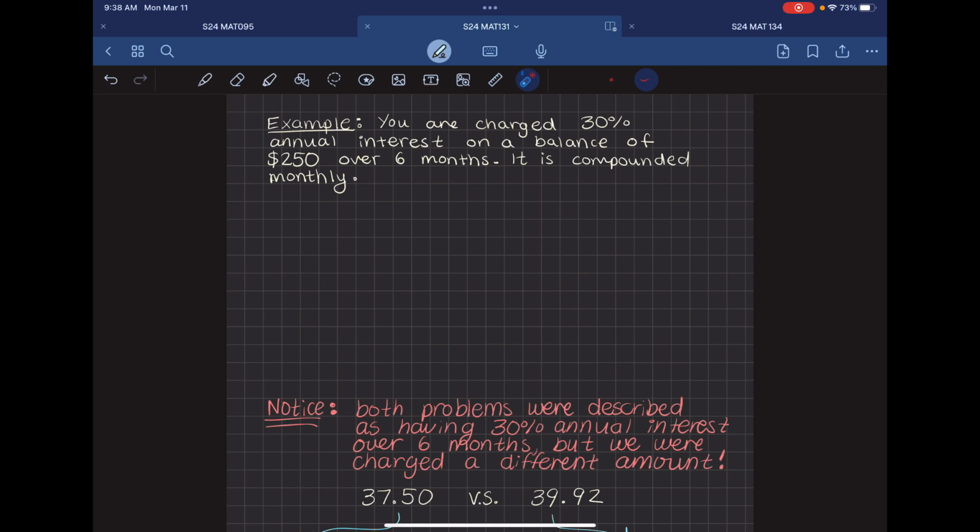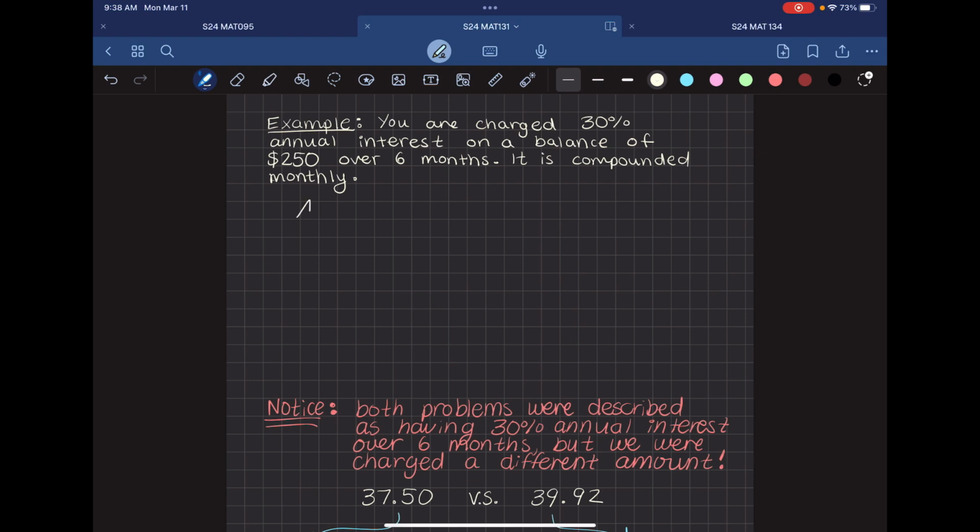So we'll do an example of that. Basically the same problem, just now we're compounding interest. So we're charged 30% annual interest. Our balance is $250. We're working over 6 months. But this time it's compounded monthly, so we can try to figure out what we're going to be paying in interest.